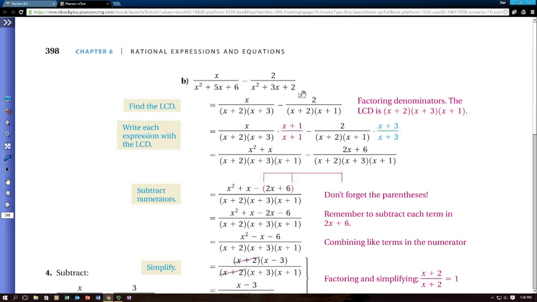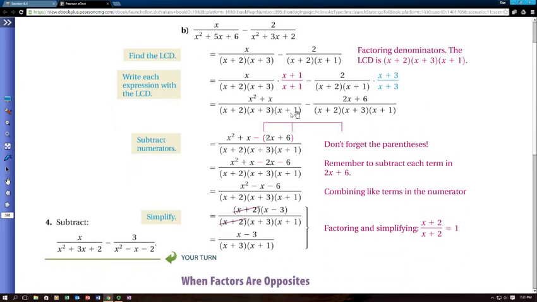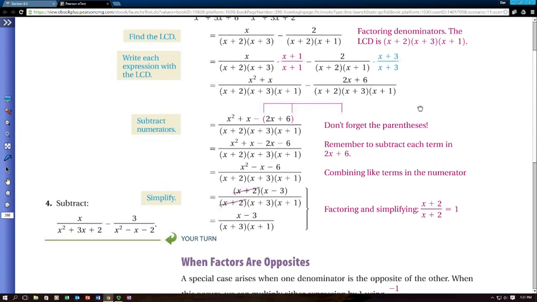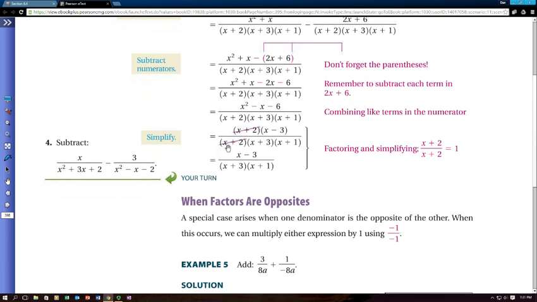So I use prime factoring to get the LCD. So I'm going to be factoring denominators to start with, and then you're going to multiply by 1 in a special way to create new fractions with that common denominator, and then be careful about subtraction. Now in this case, after I do the subtraction, I end up with this trinomial of x squared minus x minus 6.